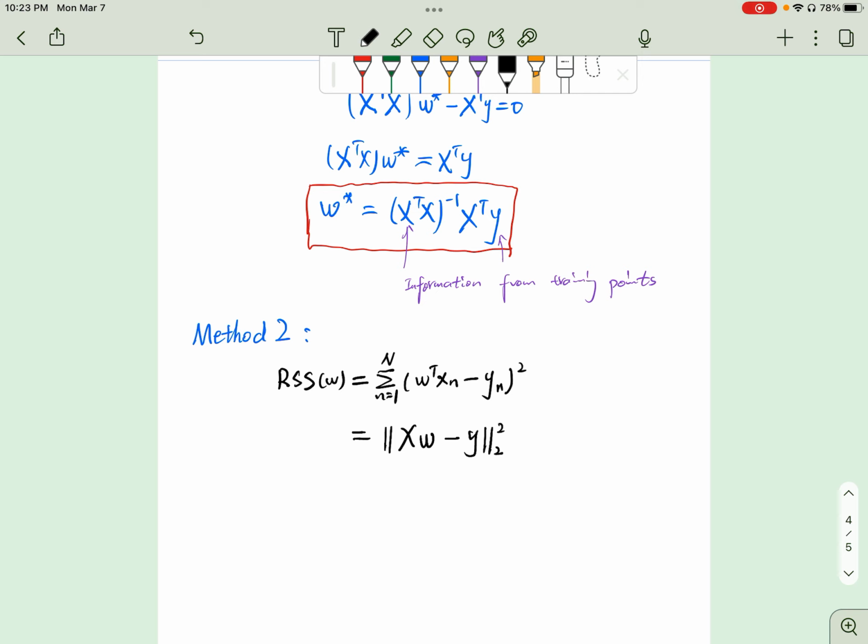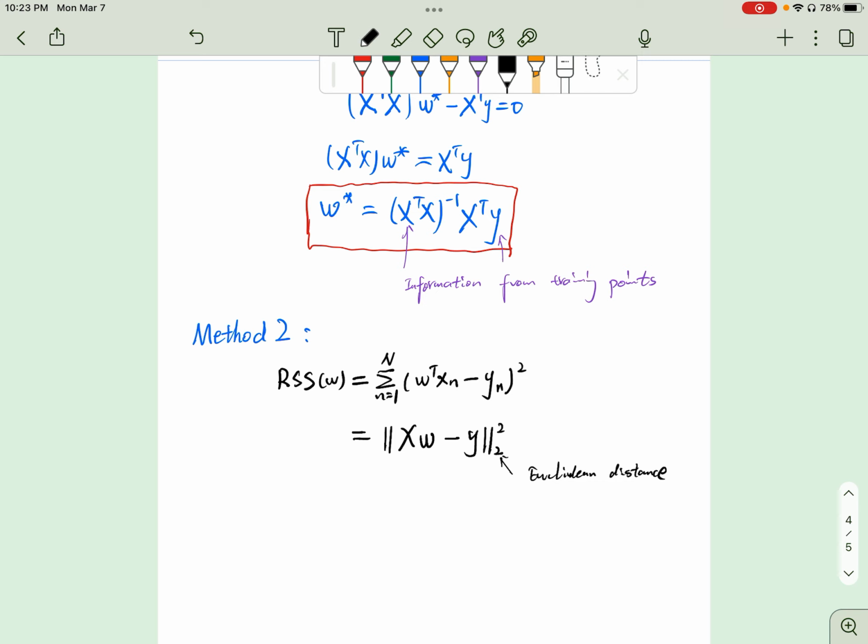So this notation means Euclidean distance. This square means we will not take the square root. We just take the square of each element here. So this is the square of the Euclidean distance.